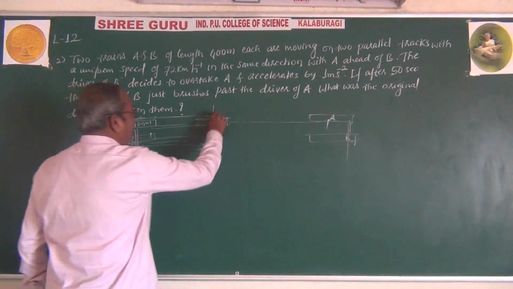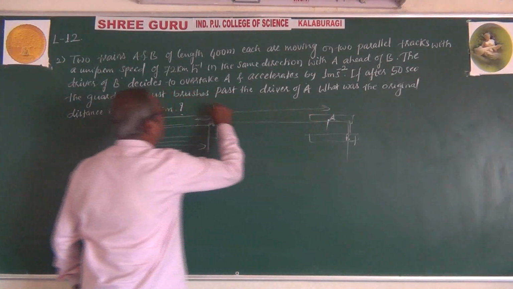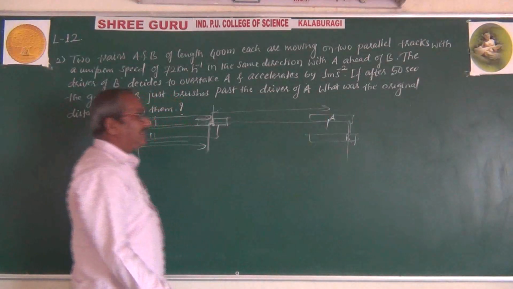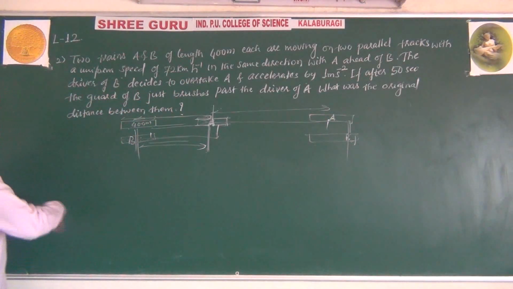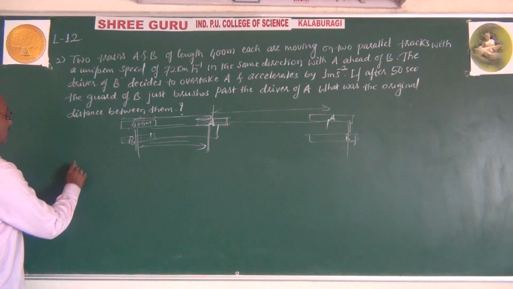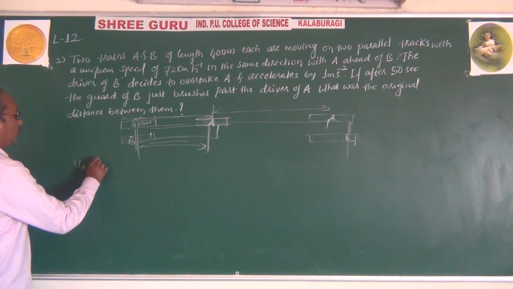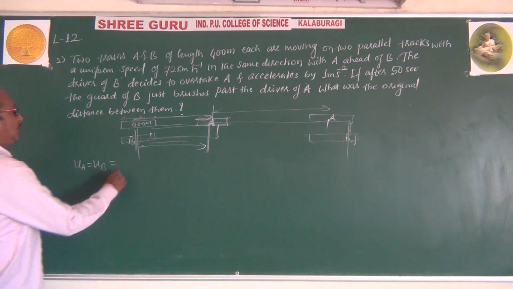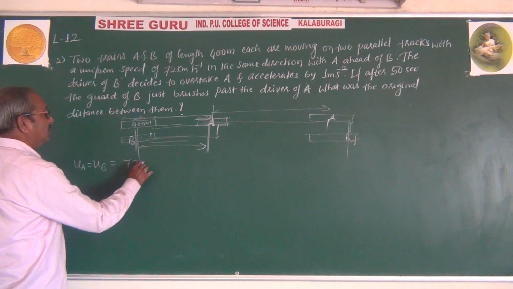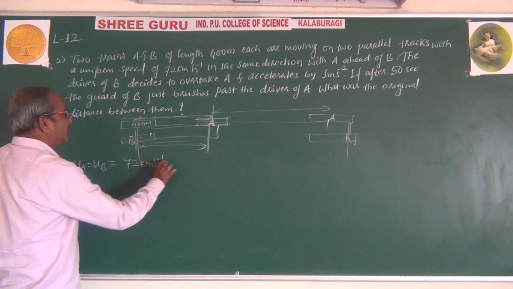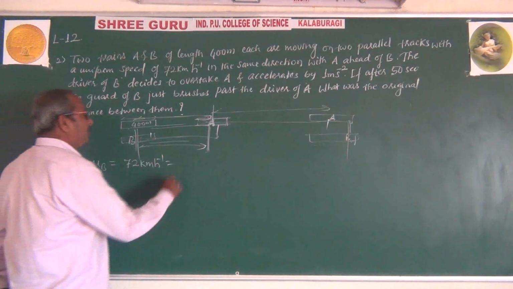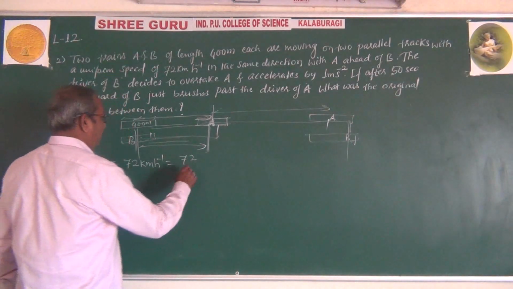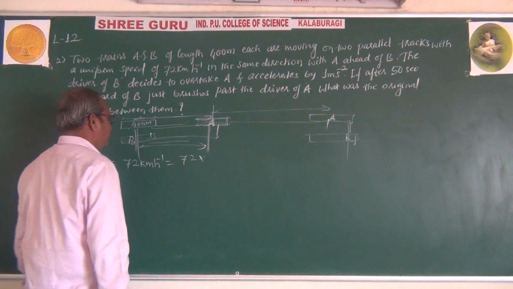Here A is moving with uniform speed, whereas B is moving with some acceleration. But the initial speed for both will be the same, that is U of A equal to U of B equal to 72 kilometers per hour. As I told yesterday, 72 kilometers per hour can be converted into meters per second by multiplying by 5 by 18.